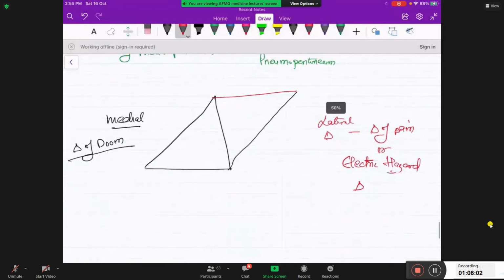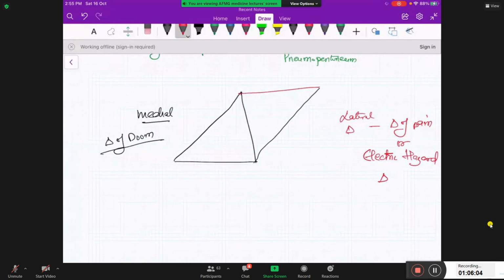Now, the boundaries of the triangle of doom are important for you. The medial boundary is formed by the vas. The base is formed by peritoneum.